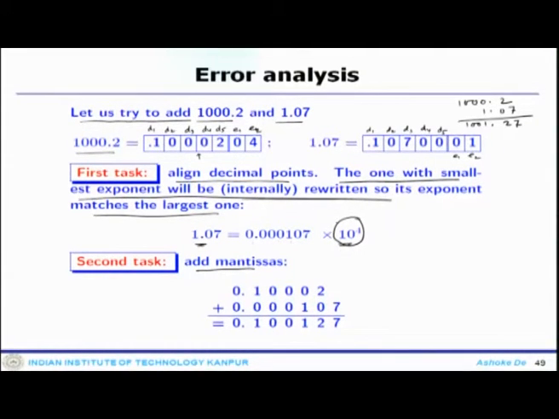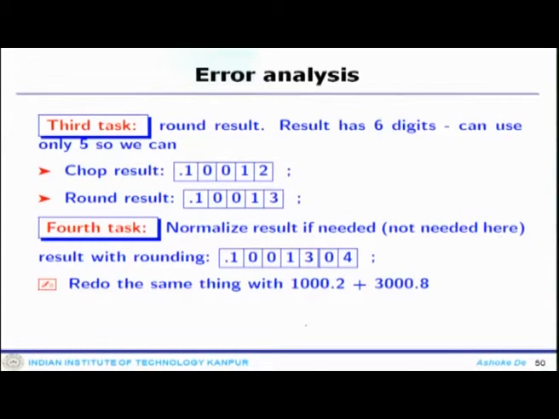So, this number also has the exponent 10 to the power 4, here the multiplication. Now, once we rewrite that number, it is a multiplication by 10 to the power 4. Once you add these mantissas, you get 0.1000127.